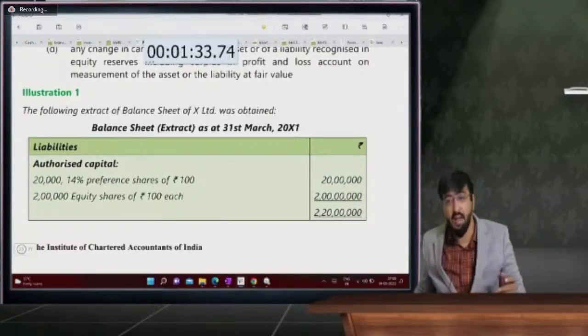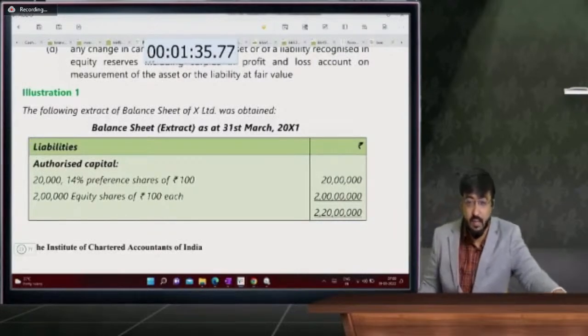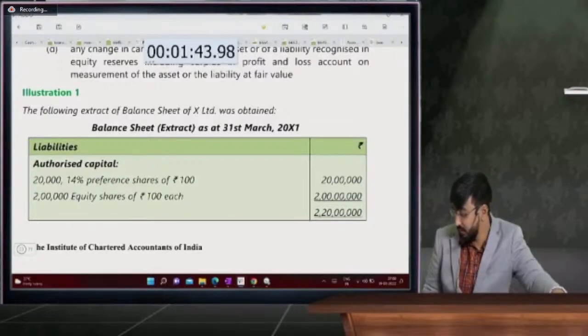I remember my articleship days. That was very difficult for me, to wake up in the morning at 6 o'clock. But for CA students, it's very important that they always attend the live session, because I remember my days when all the backbenchers, almost 7-8 benches, were sleeping.